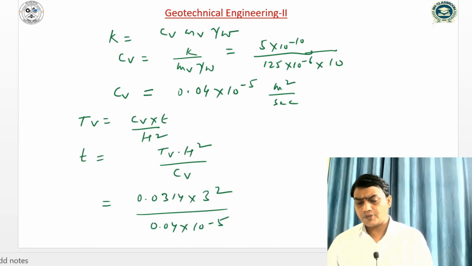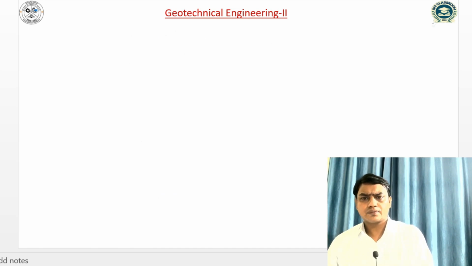So time can be computed as 0.0314 into 9 divided by 0.04 into 10 to the power minus 5. So it is coming t is equal to 706500 seconds.